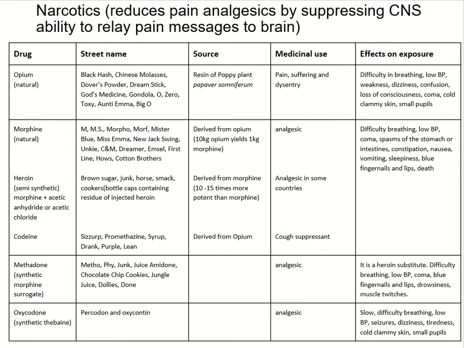Codeine is another naturally derived alkaloid of opium and it is used as a cough suppressant. Methadone is a synthetic morphine surrogate, and it is also known as metho, fi, junk, juice, amidon, chocolate chip cookies, jungle juice, dollies, and done. Oxycodone is synthetic thebaine. It is also known as percodan and oxycontin.